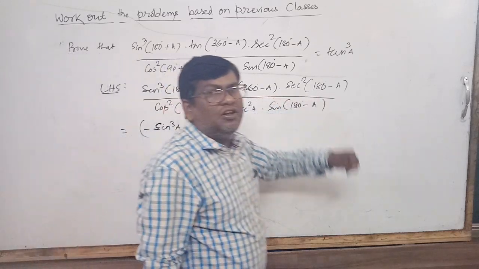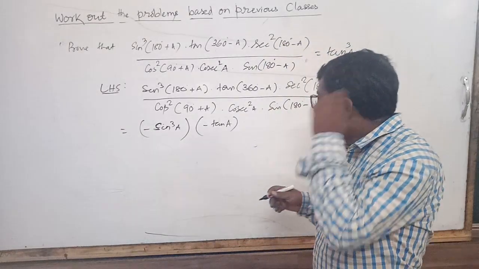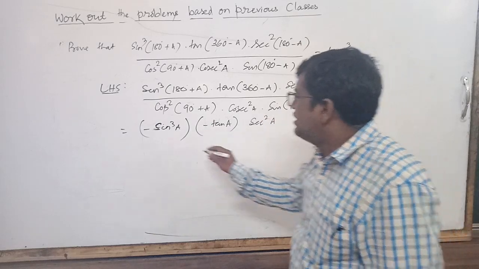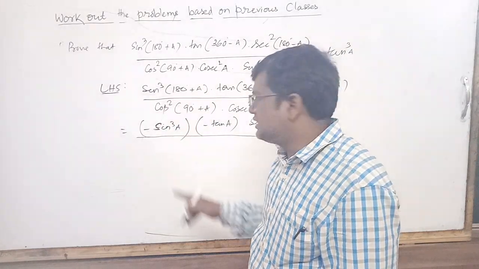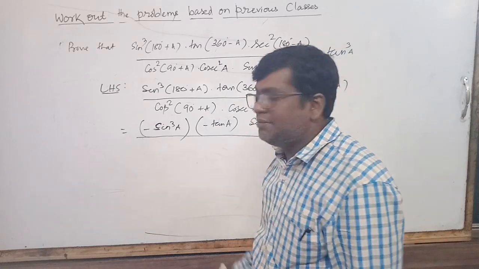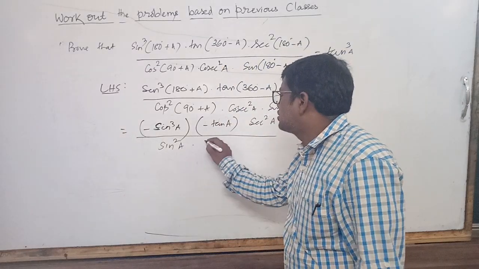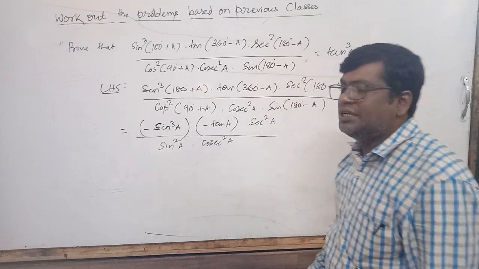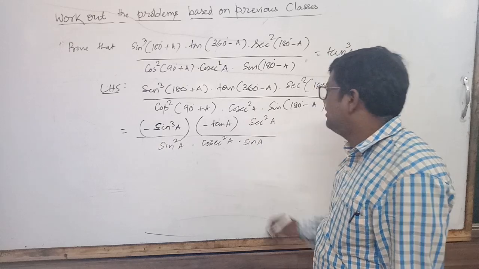Sec square 180 minus a: since it is square, it is always positive, so this is sec square a. Clear? And the denominator also contains a square, so it is always positive. Cos square 90 plus a means sin square a into cos square a. Sin 180 minus a lies in second quadrant, so it is sin a.